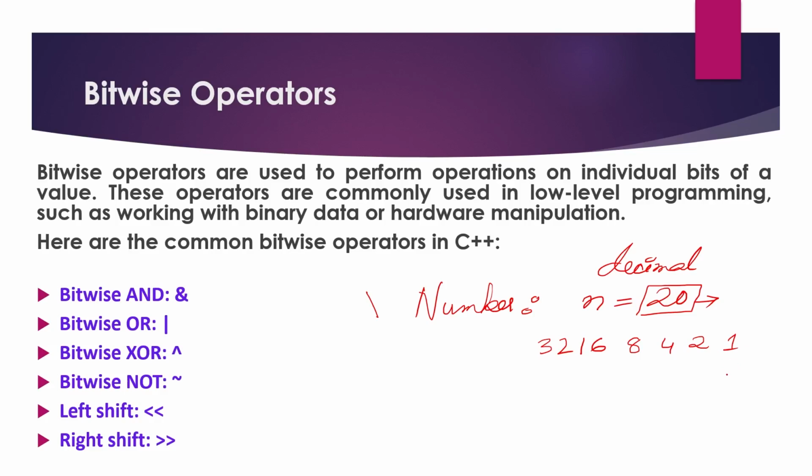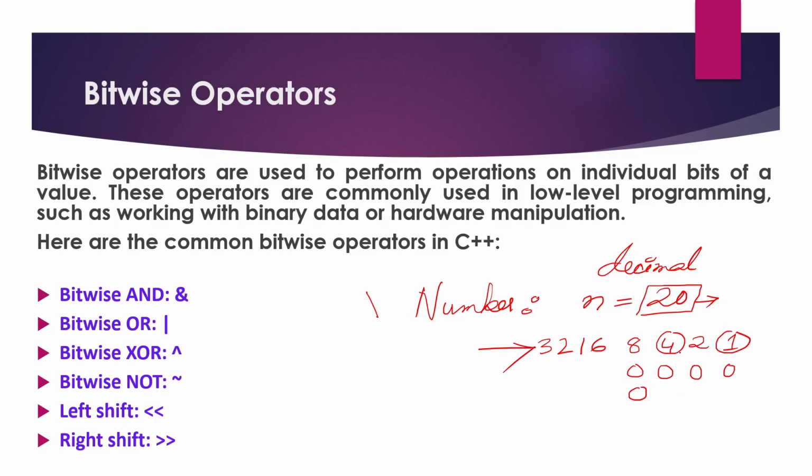Suppose I have to represent 0, I will say 0 0 0 0, because 0 is not available in this series. Similarly, if I have to represent 5, 5 is also not present in this list, so I say 4 plus 1 gives 5.